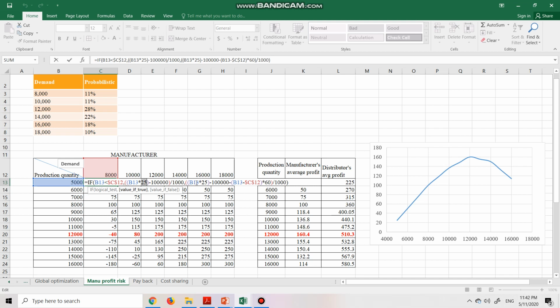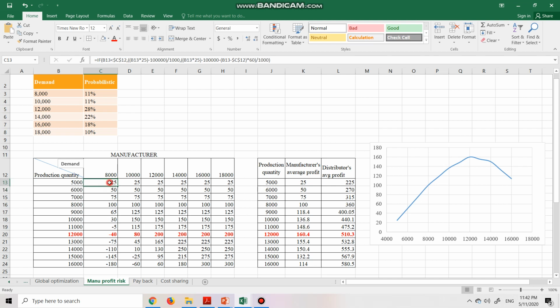The profit will be calculated as the production quantity multiplied by the marginal profit, minus the fixed cost, and minus the loss, that is equal to the marginal loss multiplied by the extra products, that is equal to the production quantity minus the demand. That is how we can calculate the profit of the manufacturer.